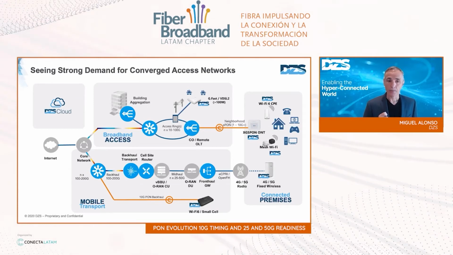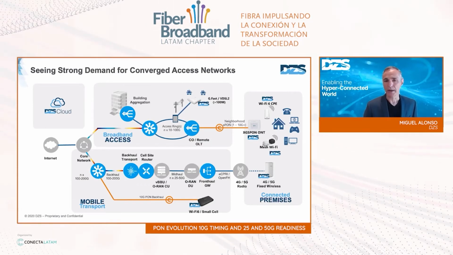Now, the reason this is relevant is because as of the last 2 years, we have seen a drive for convergence between the broadband access traditional fixed wireline network and the traditional mobile access network.